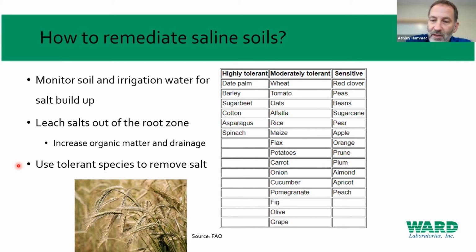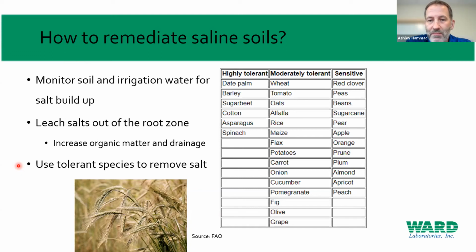And then, if you can't leach it out of the root zone, then you've got to remove it using a plant. A plant has to remove it for you. If you get up into that 4 millimole per centimeter range, then you're going to have to start looking at tolerant species. Barley is one, cotton, and these others, in horticultural settings can be used.